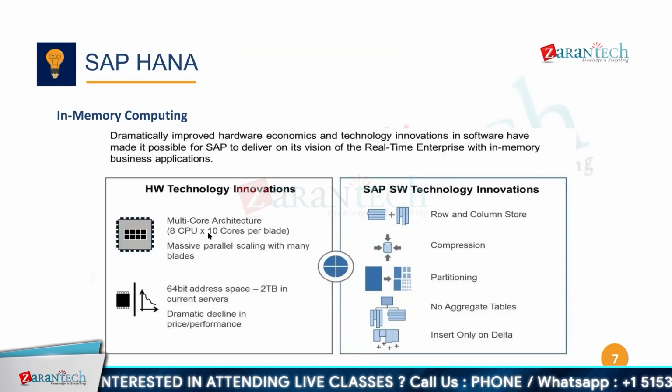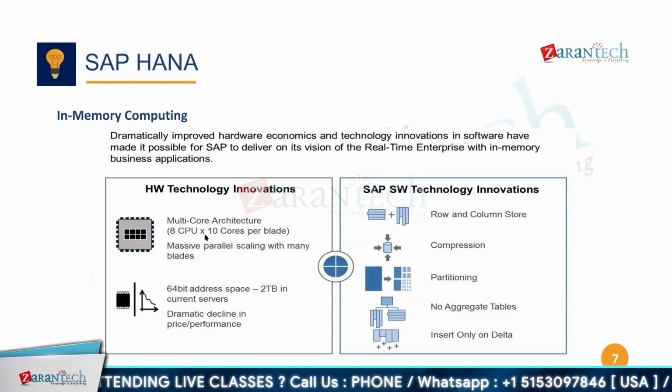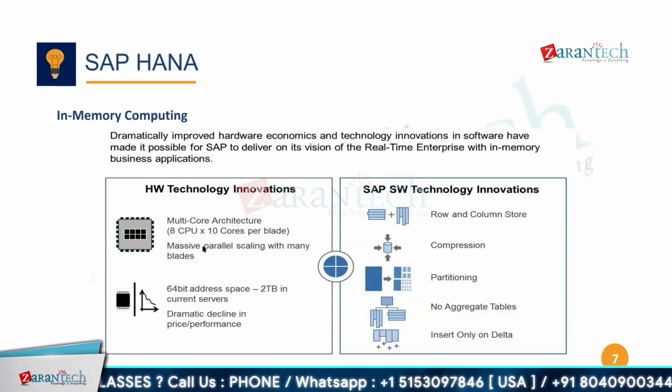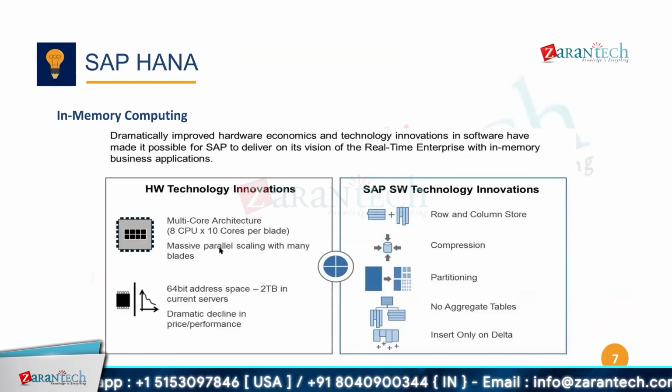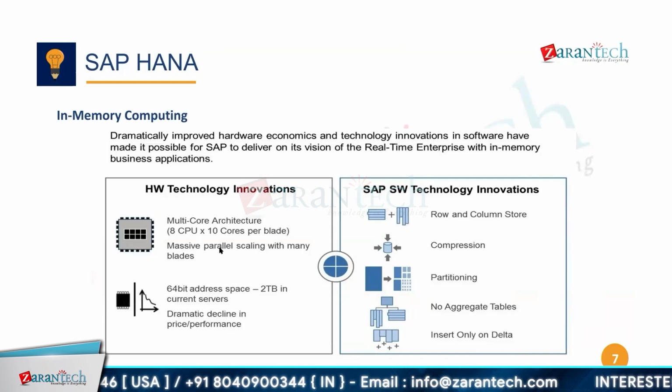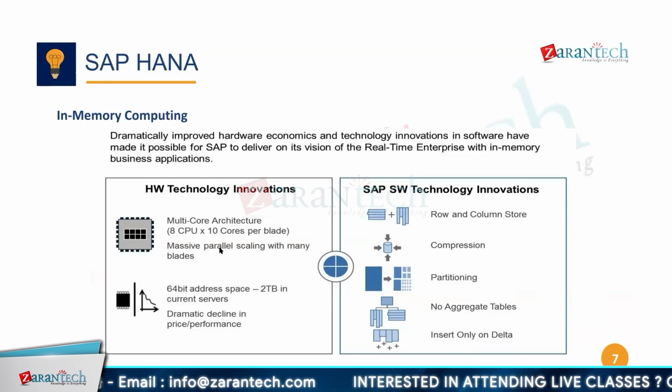So 8 CPUs and 10 cores per blade means 80 processes can run. So massive parallel scaling, and with many blades, lots and lots of processes can run on the operating system. The hardware manufacturers started producing very powerful architectures.